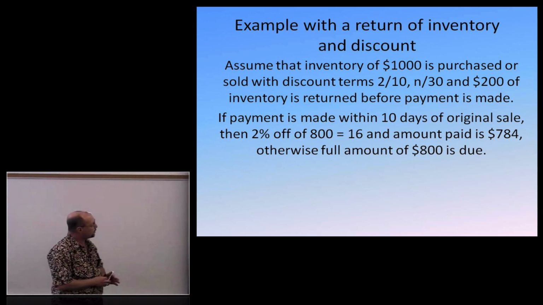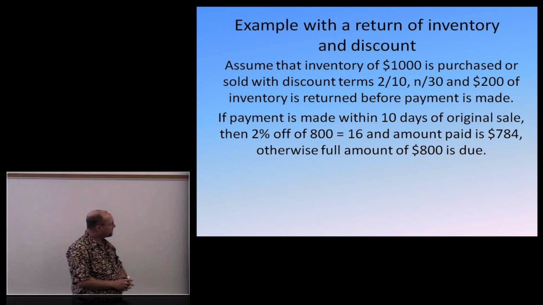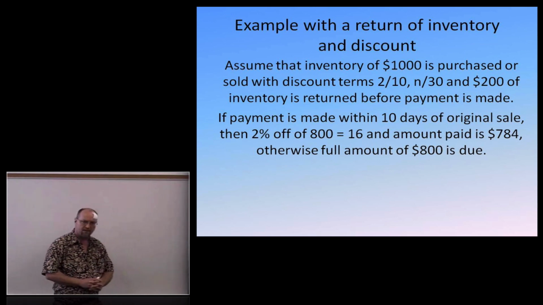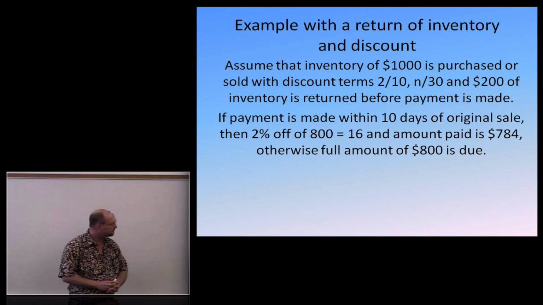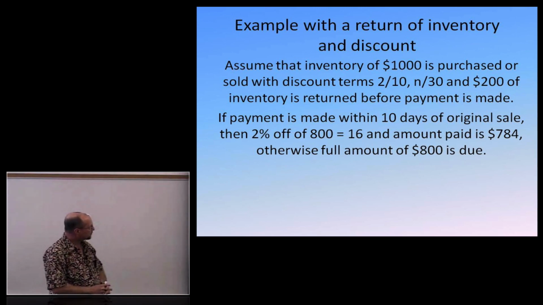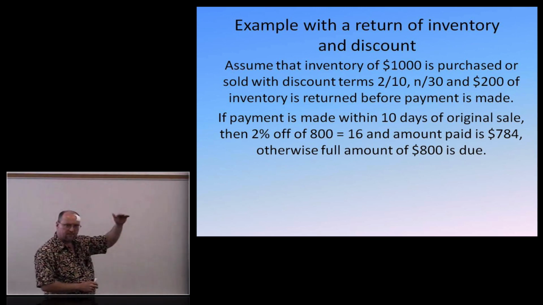Example with a return of inventory, and then they take the discount. Assume that inventory of $1,000 is purchased or sold with discount terms 2/10 net 30, and $200 of inventory is returned before the payment is made. Okay? So first, $1,000.